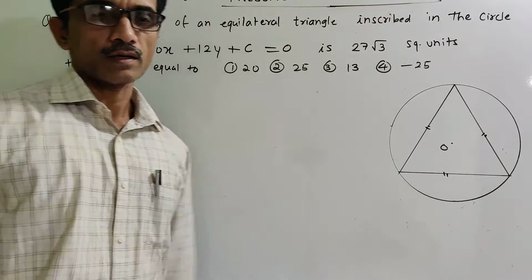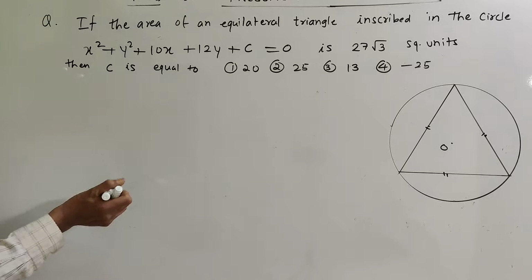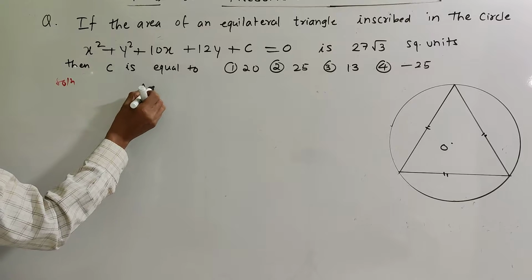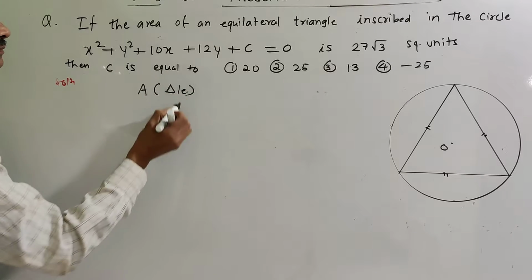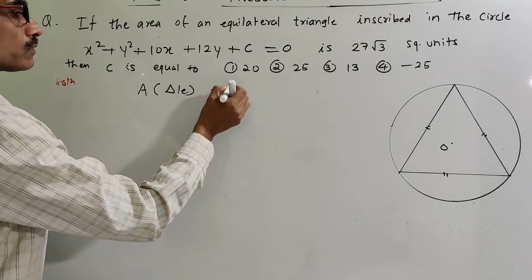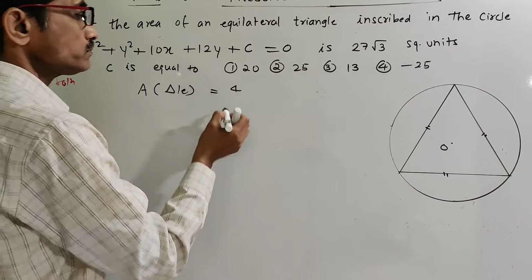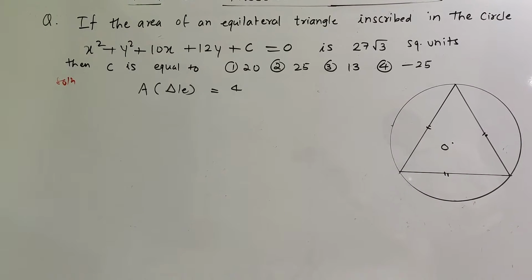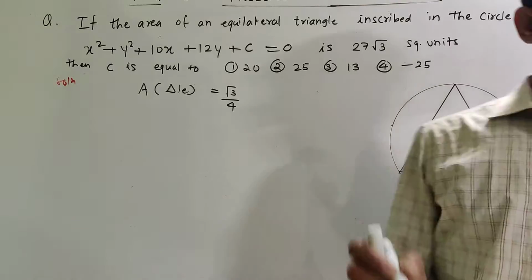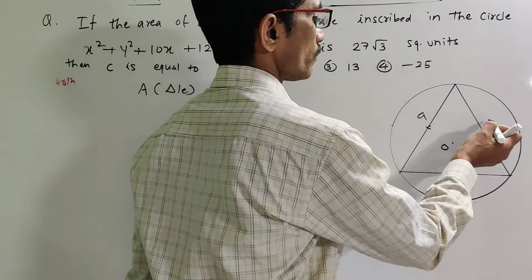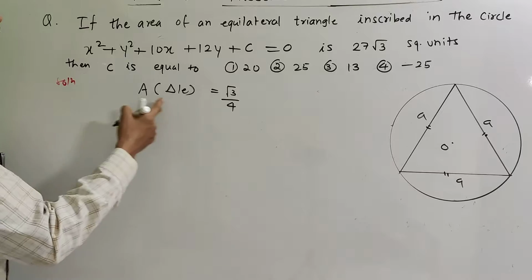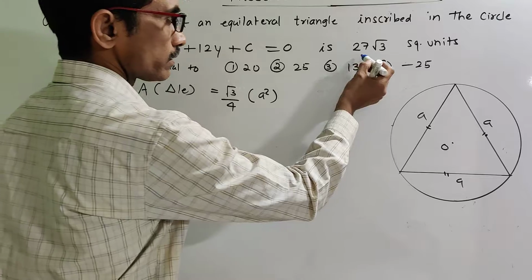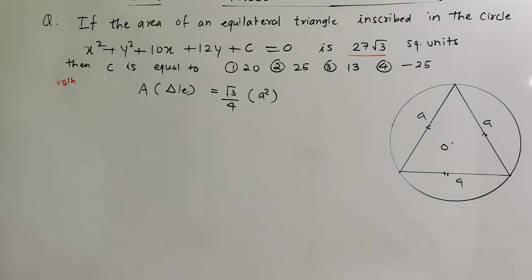Suppose the side of the equilateral triangle is a. Then the area of an equilateral triangle is given by root 3 by 4 into a square, and this area is given as 27 root 3.